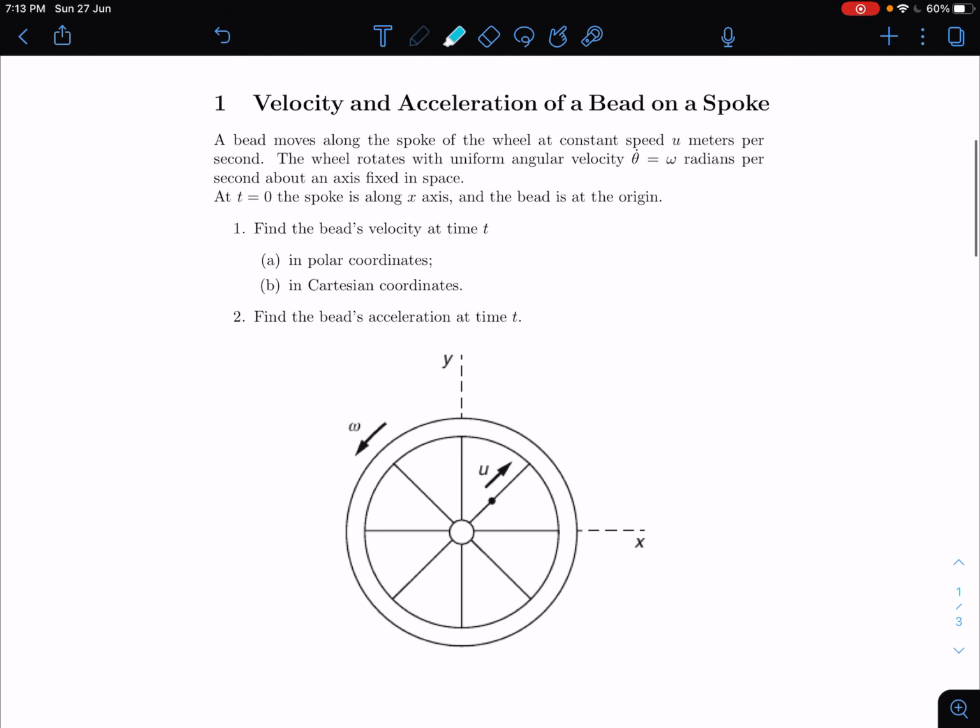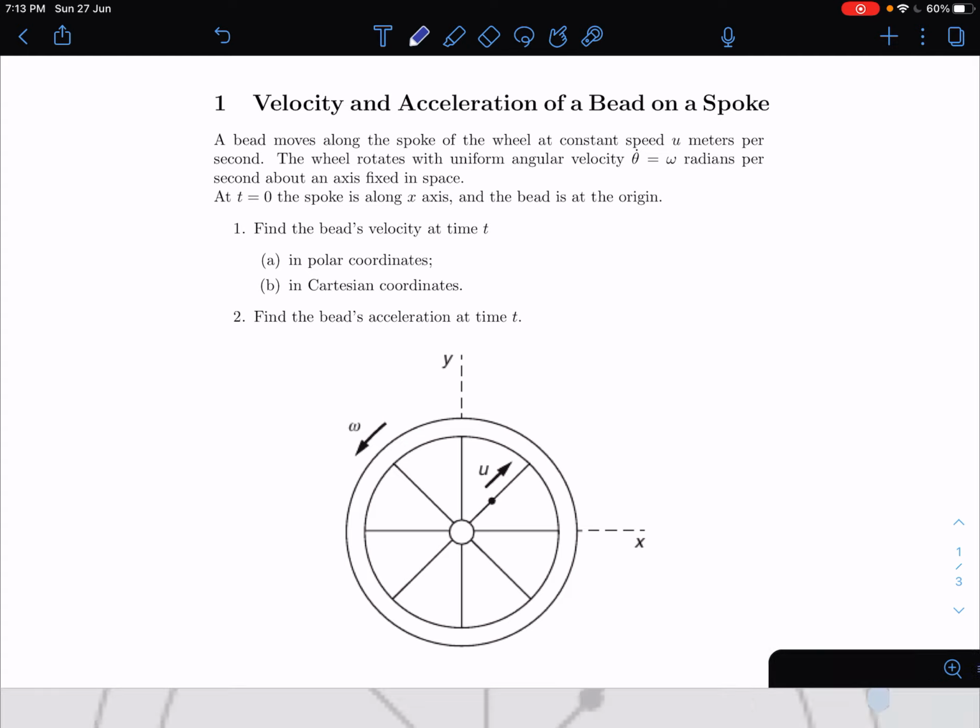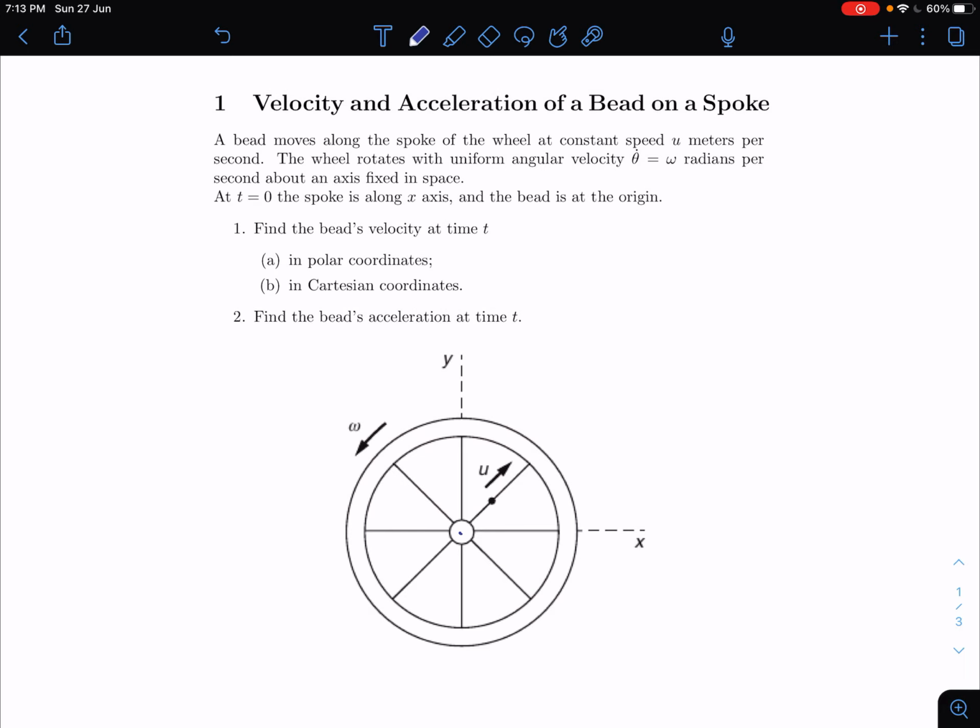The first problem is here. You have a bead that moves along the spoke of the following wheel at a constant speed u, and the wheel rotates with the uniform velocity omega. It has been also given that at t equals 0, the bead was here at the origin, and the spoke is along the x-axis.